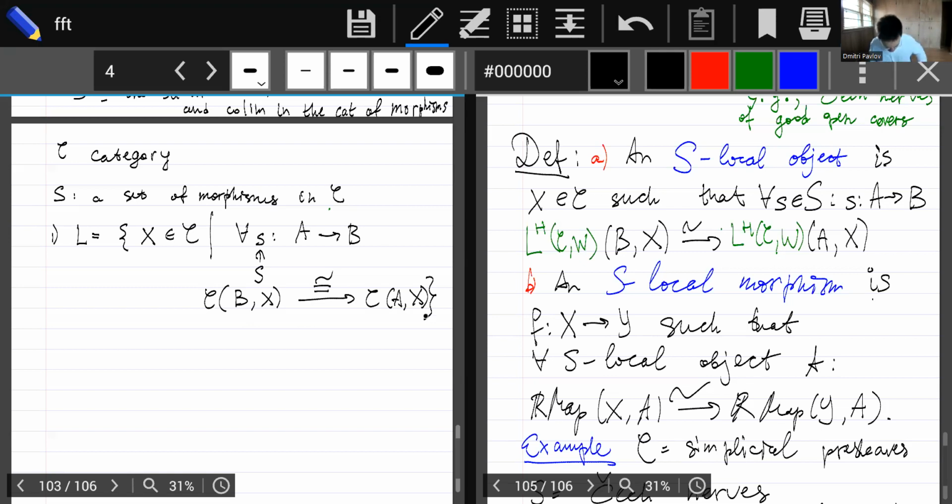So that's my L. In step 2, I form the class of S local morphisms. Let me call it S hat.